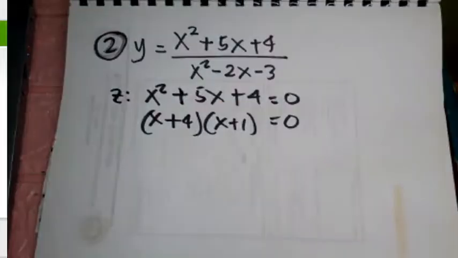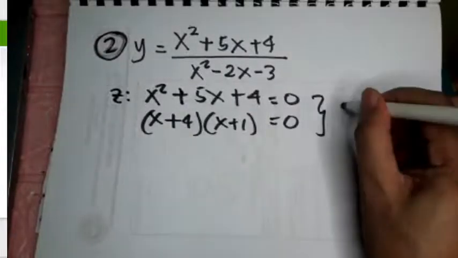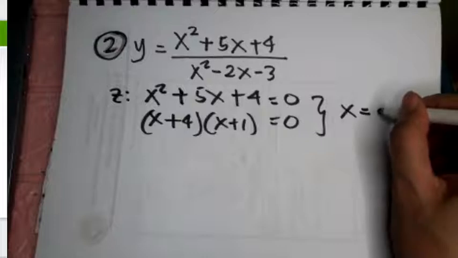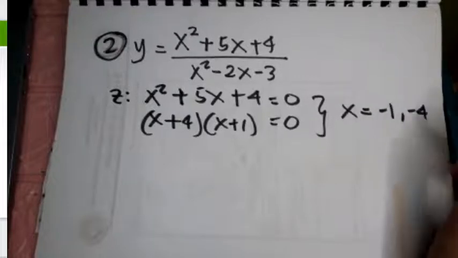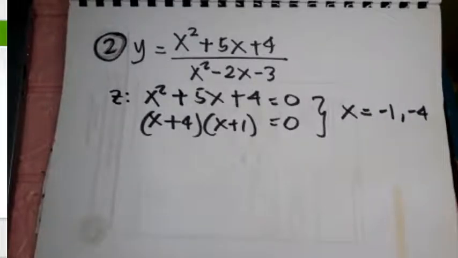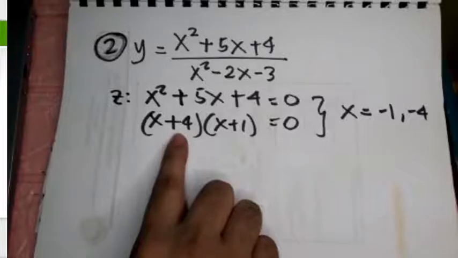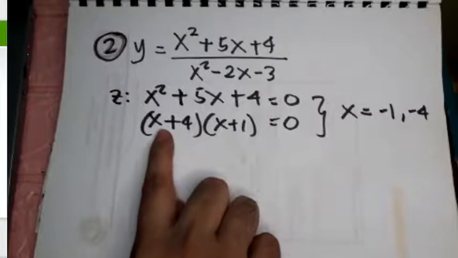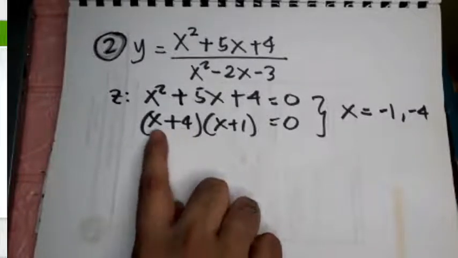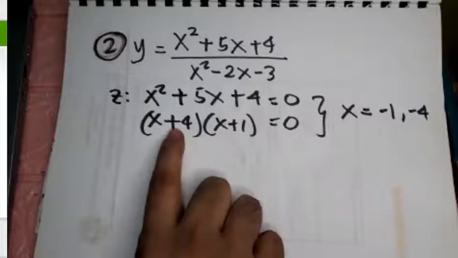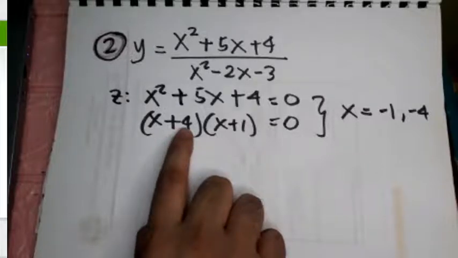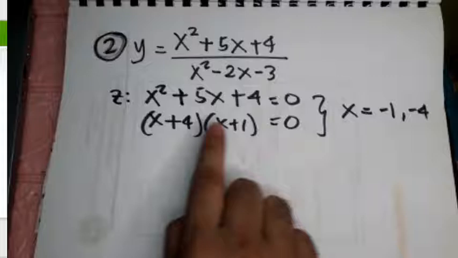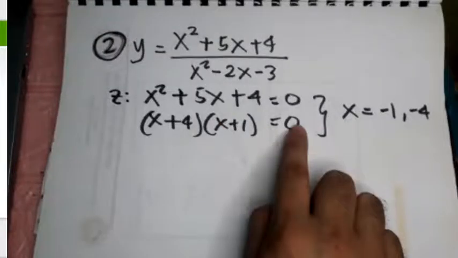Therefore, we have values for zeros. Using this, x must be equal to negative 1 and negative 4. Because x plus 4 is equal to 0, therefore x is equal to negative 4. x plus 1 is equal to 0, put the 1 to the other side, x is equal to negative 1.